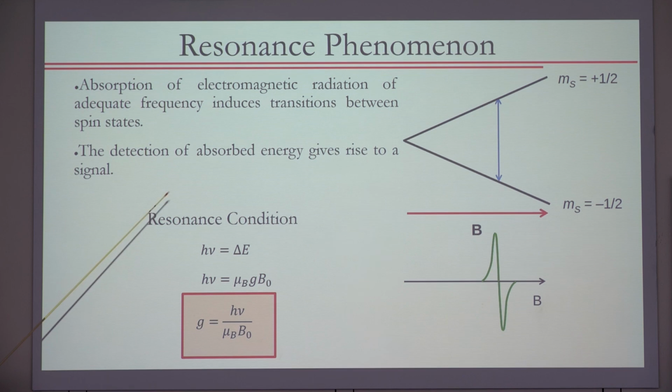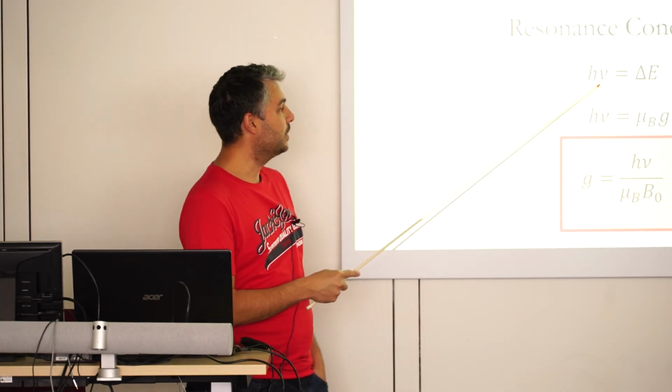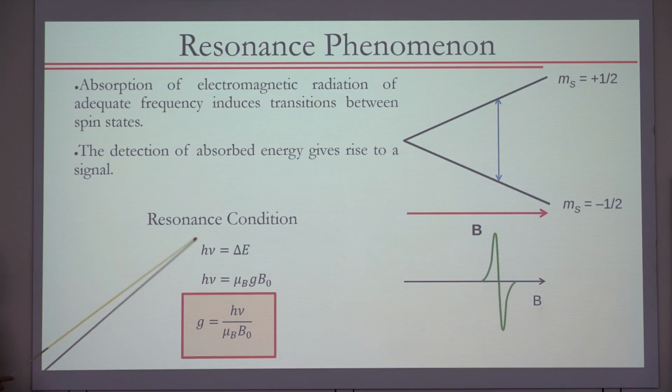When you sweep in an EPR experiment, you usually work at a fixed frequency. I'm going to talk about that later. And you sweep the magnetic field. When the frequency times h, Planck's constant, matches the difference in energy between the two levels, you can induce a transition by absorption of that electromagnetic radiation.